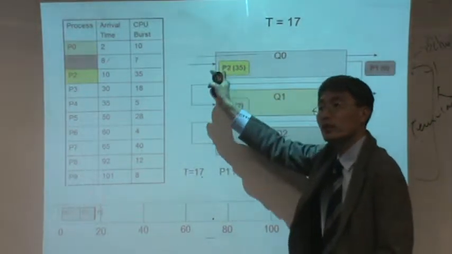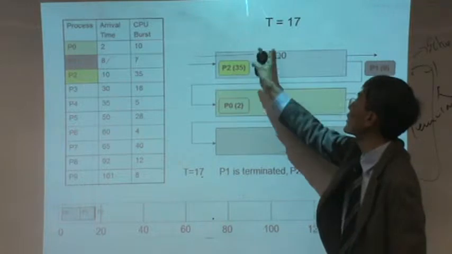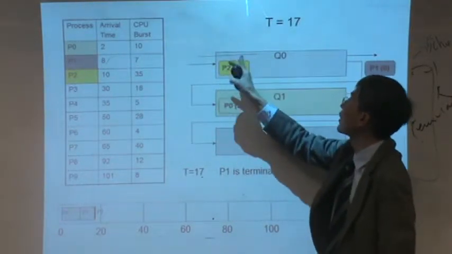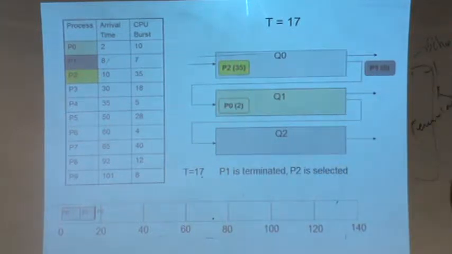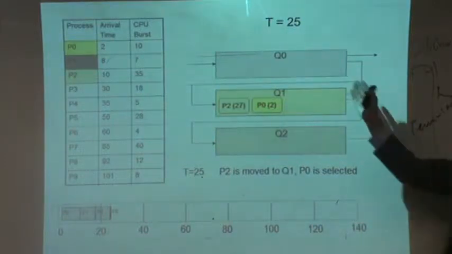Q0, because there exists a process. So Q0 will take the CPU resource, with round robin time quantum 8 inside Q0. So P2 takes 8 time slots. Like this. But it's not terminated, so it will move to the next. At this time, we need to run what?